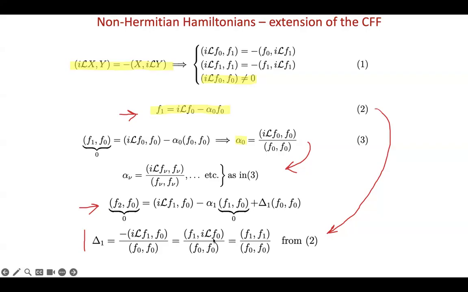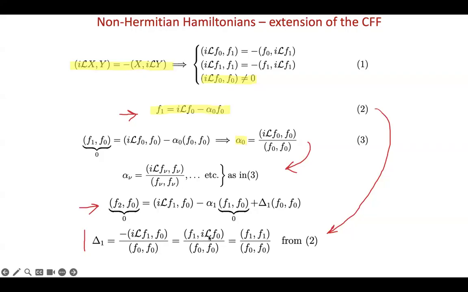And you see, although IL F0 is not equal to F1, this is the big point. Although IL F0 is not equal to F1, IL F0 has F1 and alpha 0 F0. It turns out that when you couple F1 comma F1, F0 comma F1 will still be 0. So alpha 0 doesn't enter. You only have F1 comma F1.